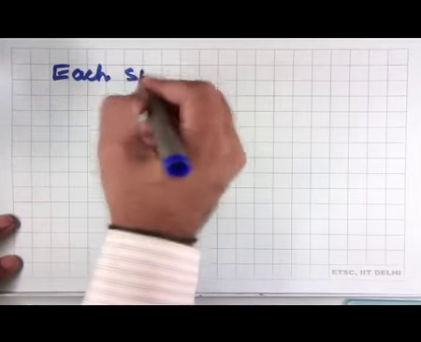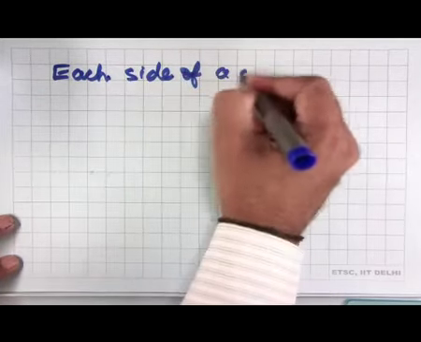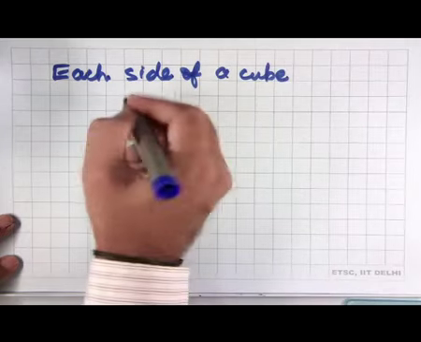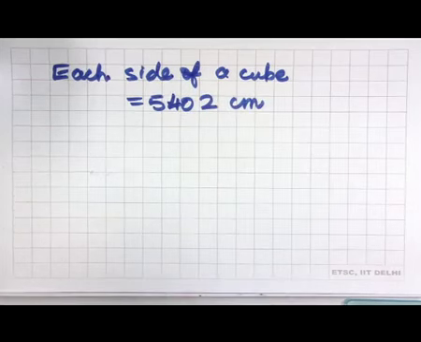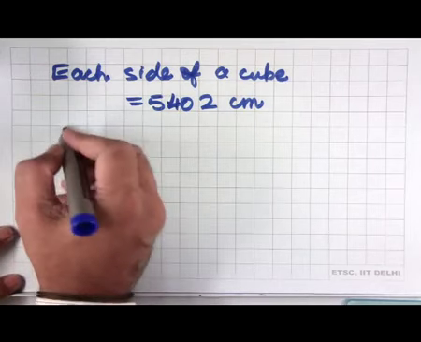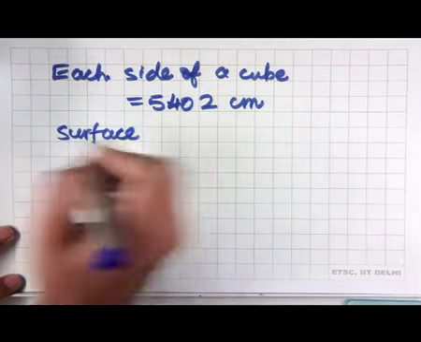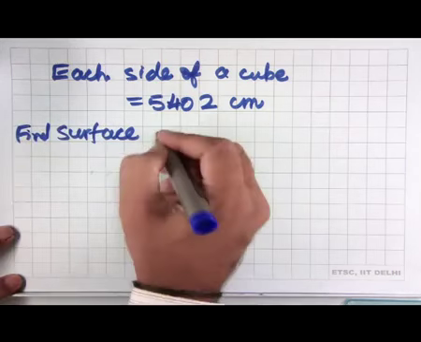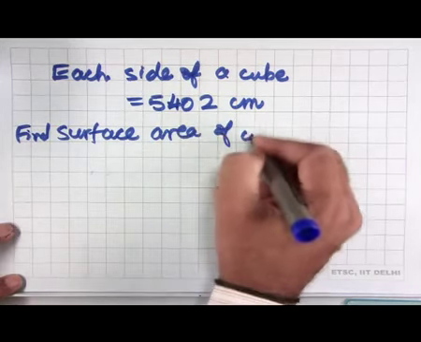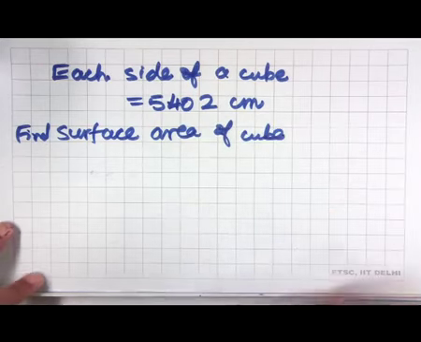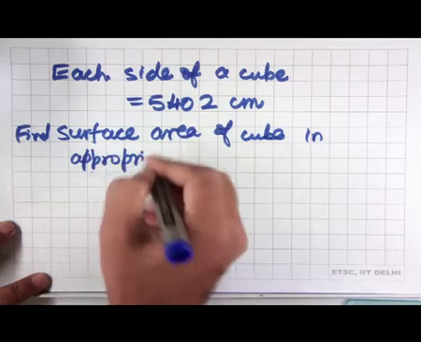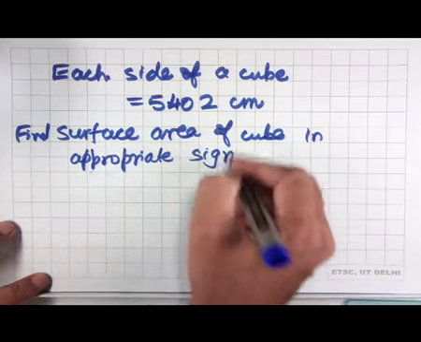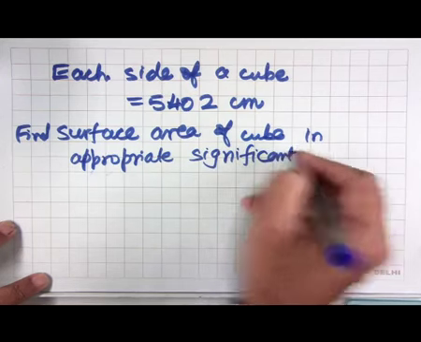Suppose it is given each side of a cube is equal to 5.402 centimeters, and we have to find the surface area of the cube in appropriate significant figures.